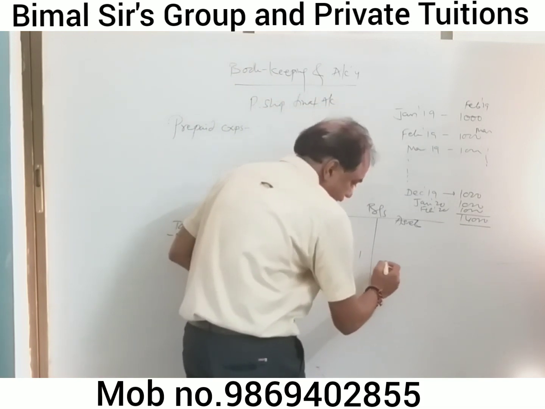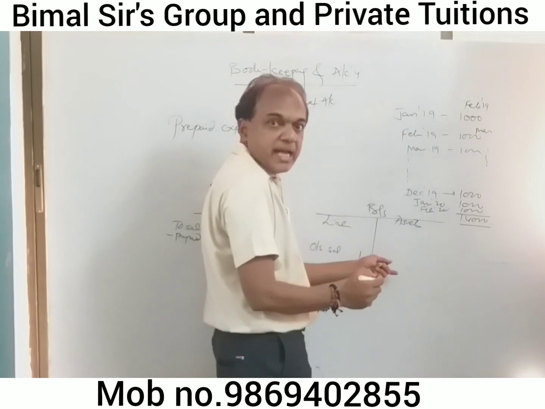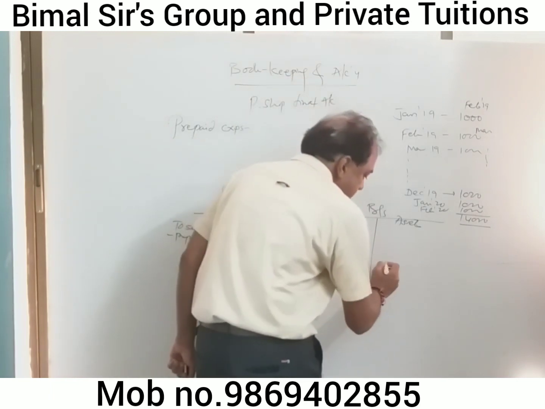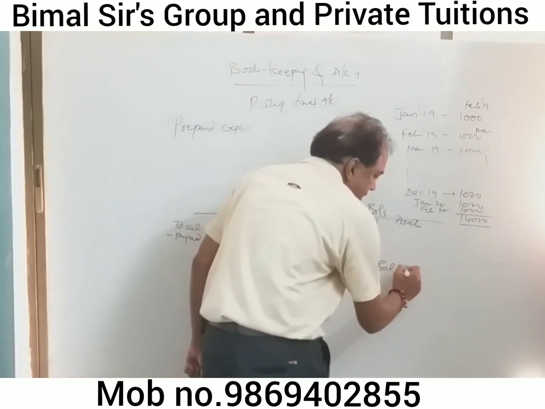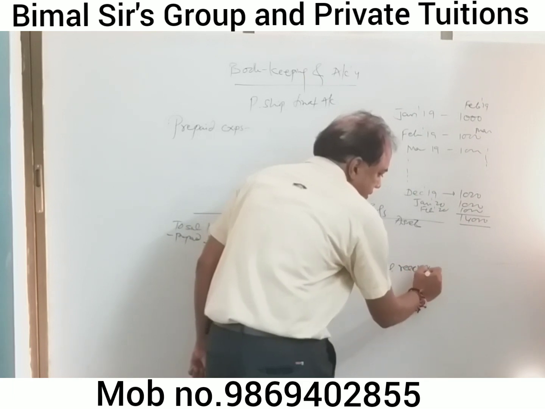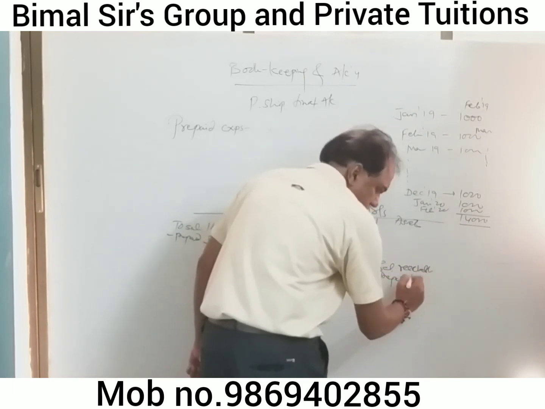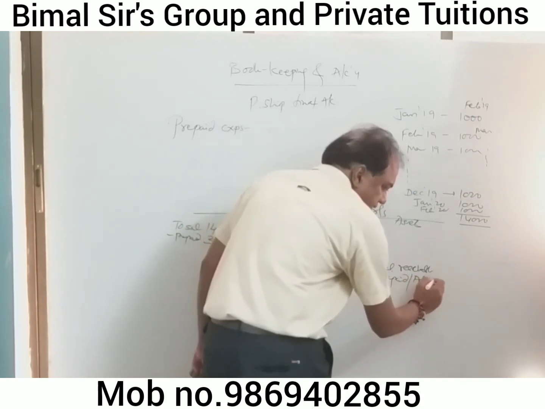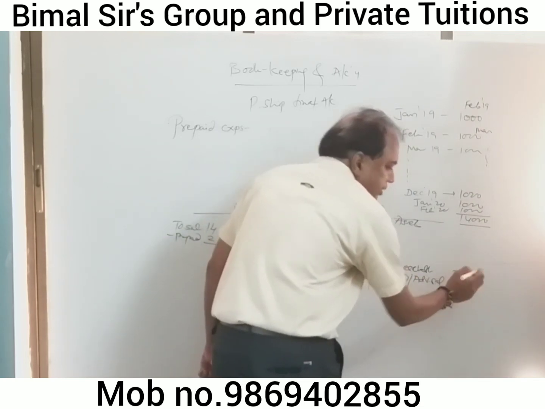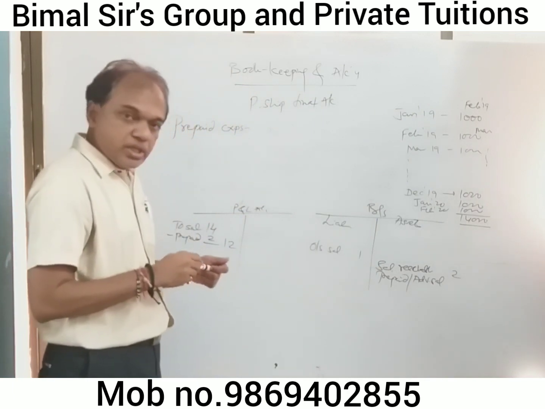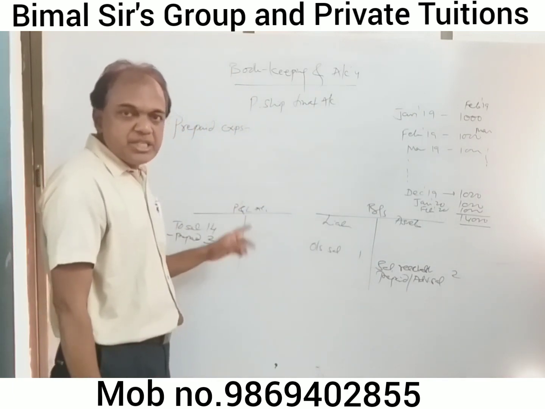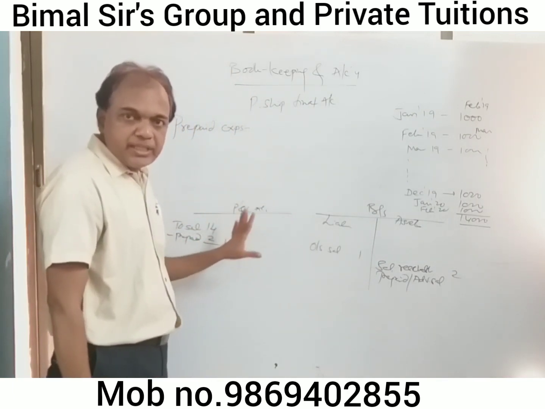So I will write down on the asset side of the balance sheet: salary receivable, or prepaid, or advance salary given, you can use any words, that is 2,000. So your total expenses should not be more than 12 months.